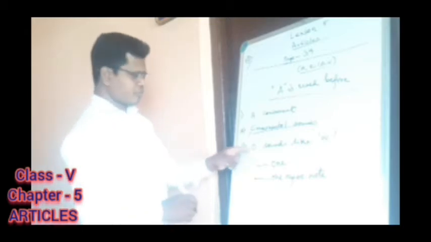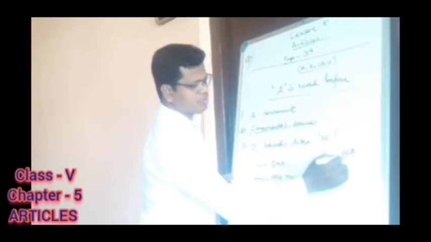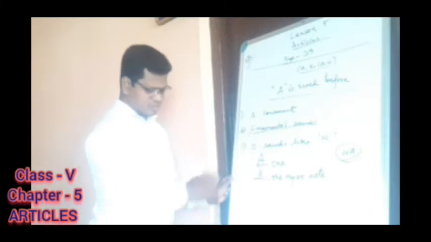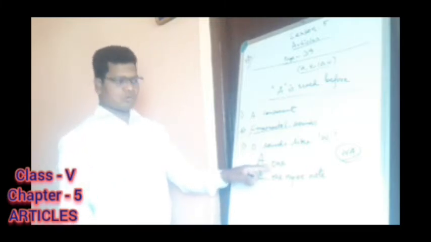Here also you see, when you pronounce these words, if it sounds like w or wa, just remember, then you will place a before it. One, wa, one, here also a one rupee note.